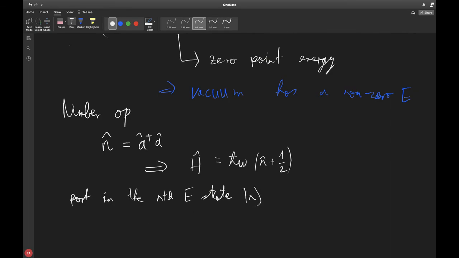So you should imagine this to be like your electron on the 1s2 orbital, and that corresponds to some energy. So when I act on this state, which is in the nth energy state, with the number operator, then what we get out of that is going to be the n number of that state.